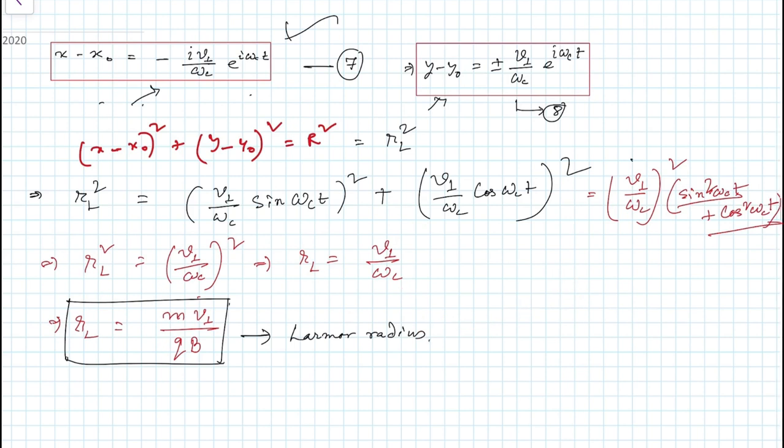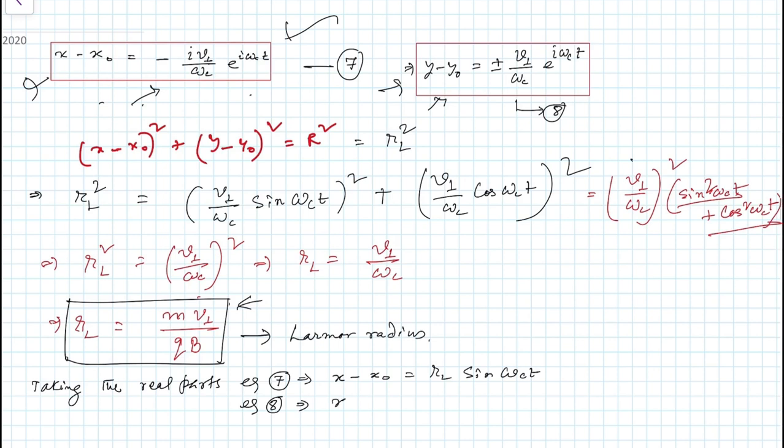Taking the real parts only, equation number 7 becomes x minus x naught equal to r L sin omega c t, using this Larmor radius, and equation number 8 reduces to y minus y naught equal to plus minus r L cos omega c t.